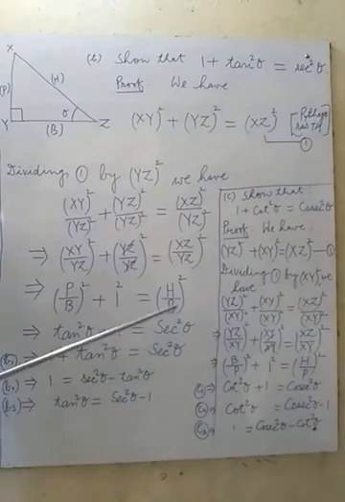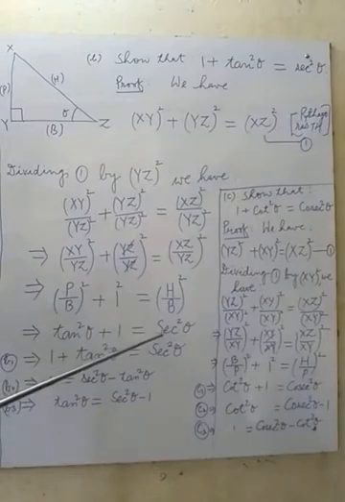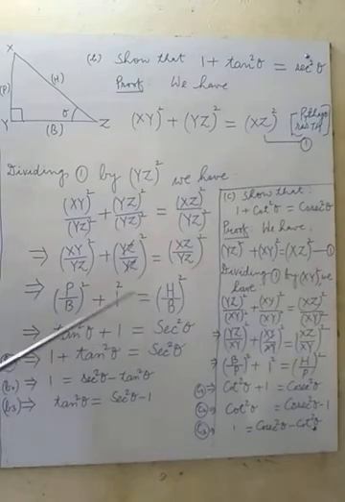Now we have established here tan square theta plus 1 equals sec square theta. It means that in the place of sec square theta, we can note down tan square theta plus 1 or 1 plus tan square theta. In any place where 1 plus tan square theta is there, it will be equal to sec square theta. So the left side is equal to the right side, and the right side is equal to the left side. In the place of the left side, we can note down the right side, and vice versa.